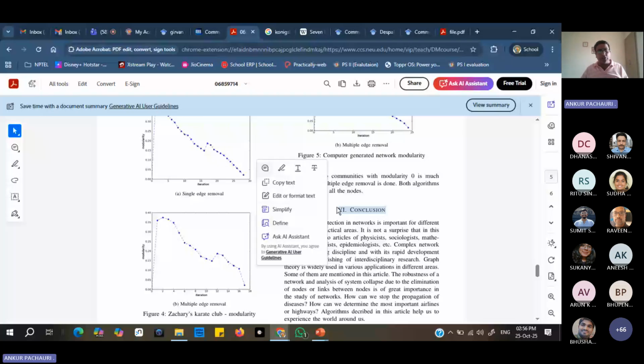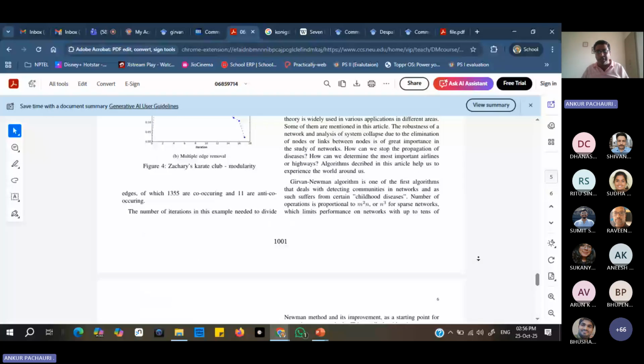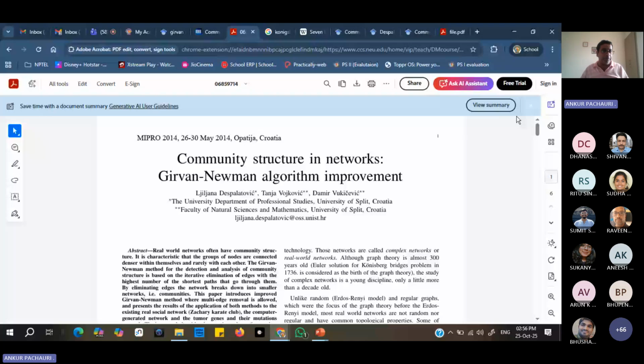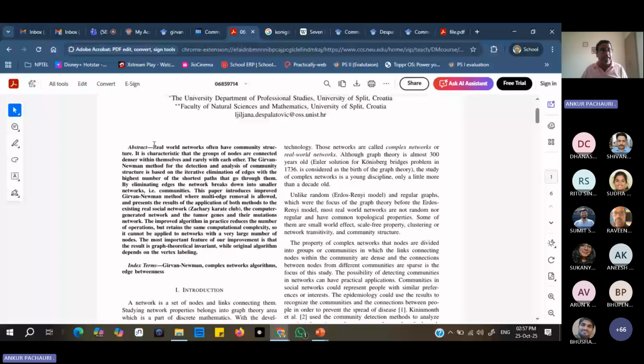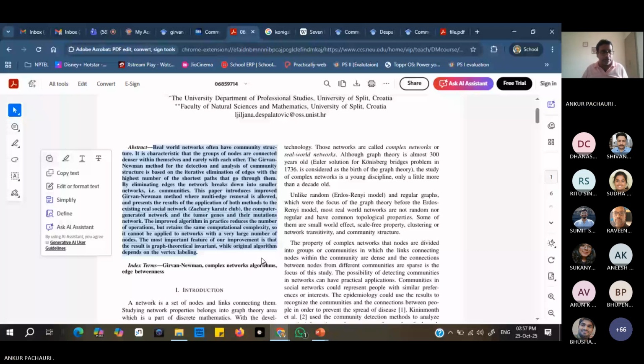The introduction may be talking about many other things. If you go through any paper, the important parts of any research paper are the abstract and the conclusion, because they are the only parts which talk about the content of the paper, the working, the methodology, the scope, or whatever he had done.